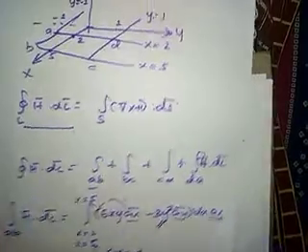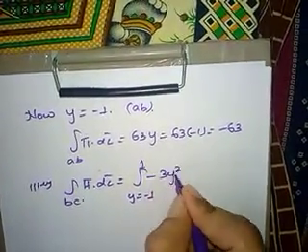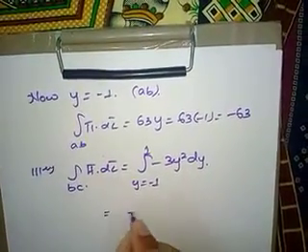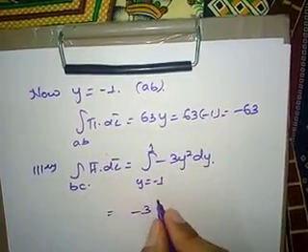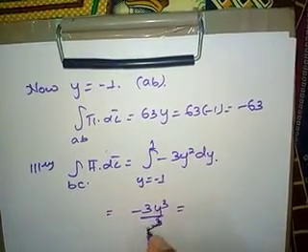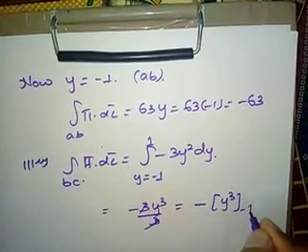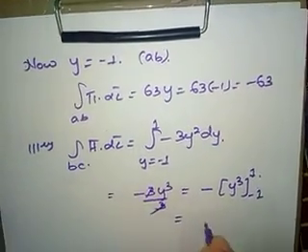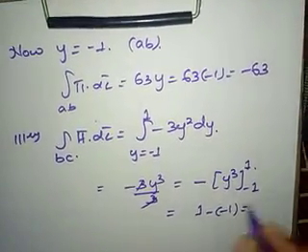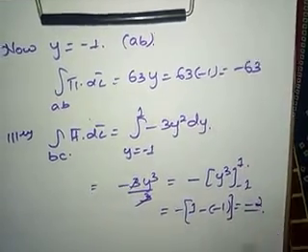So this will be minus 3y square dy. So this is minus 3 times y cube by 3, which is minus y cube over the limits -1 to 1. So this comes out to minus of 1 minus of -1. So this will be -2.